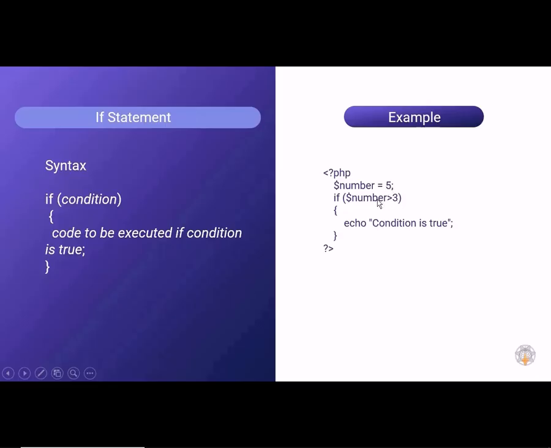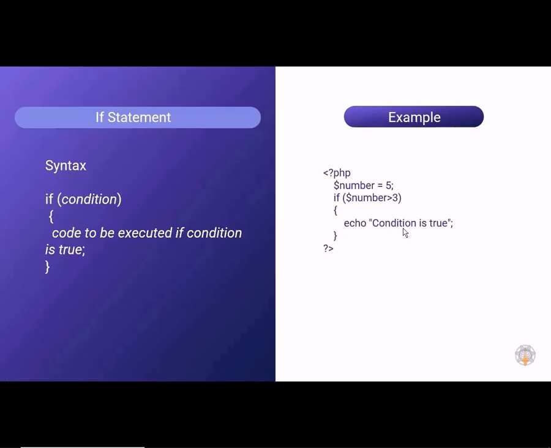If this condition is true, then this block, that is this instruction, will execute, that is, my browser will show the output "condition is true" only if this condition is true. If this condition is false, then this statement will not be executed. So this is about the if statement.